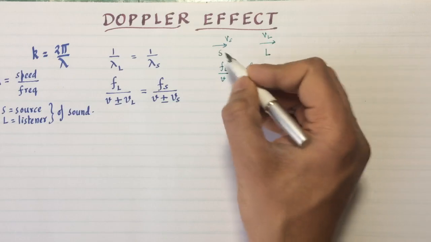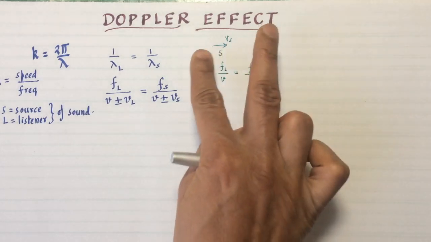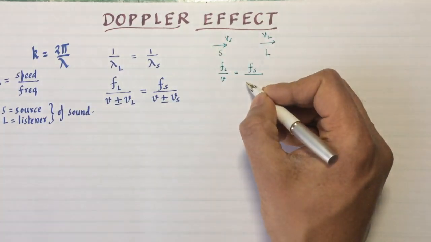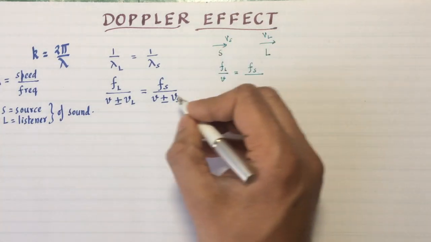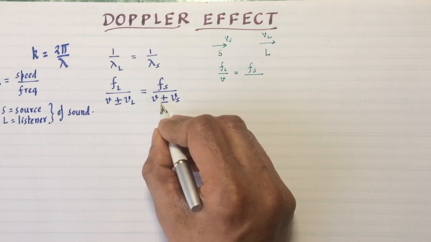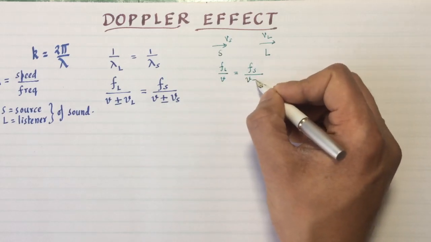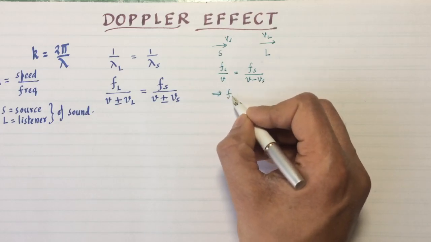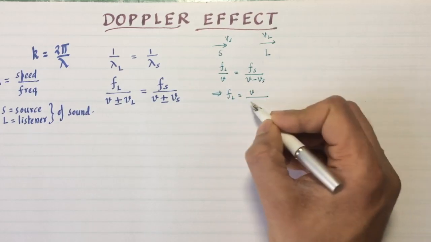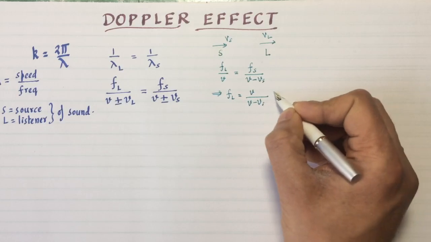Now you're going to hear a higher frequency because the waves are getting crammed together. So the wavelength is decreasing, so the frequency must increase. How do you make the frequency increase? You have to have V minus Vs here, because then I'll get FL equals V divided by V minus Vs times Fs.